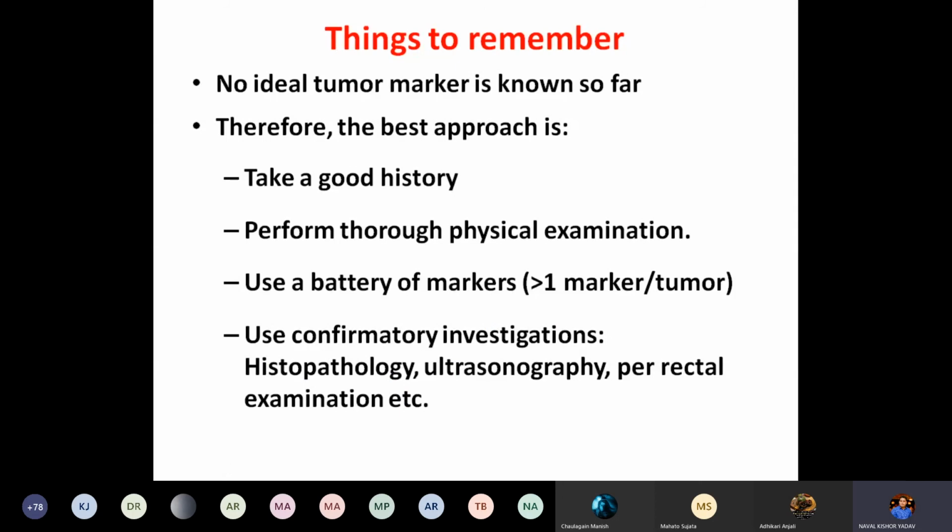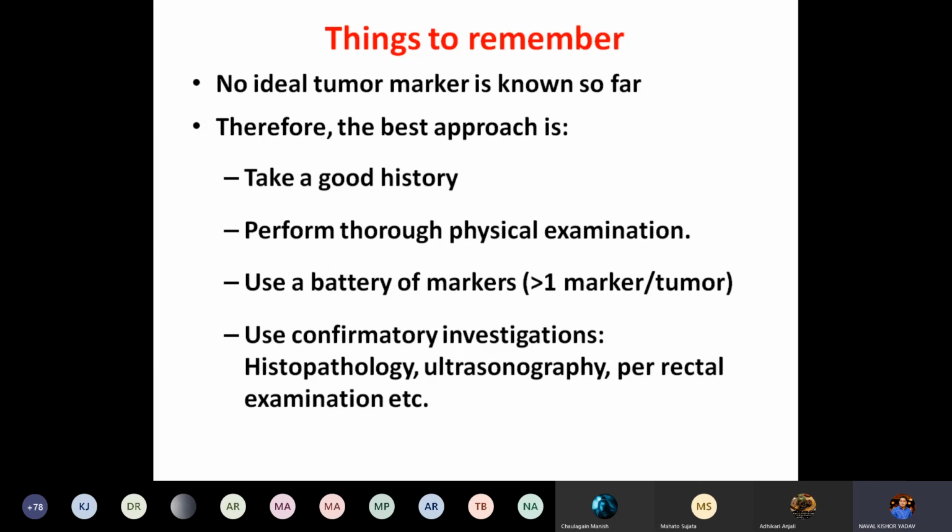Take the good history of the patients, physical examinations. For all this, you have to give the time to the patient. Give the time. Tell them to explain what happened to them, why they have visited you, what brought them to hospital. Ask them. Give the time.